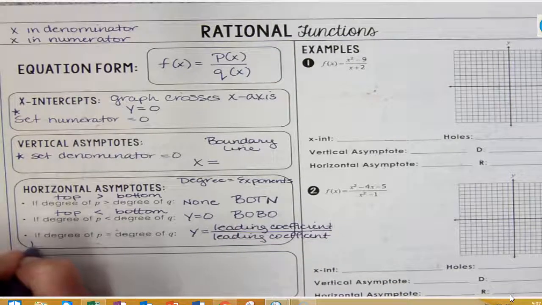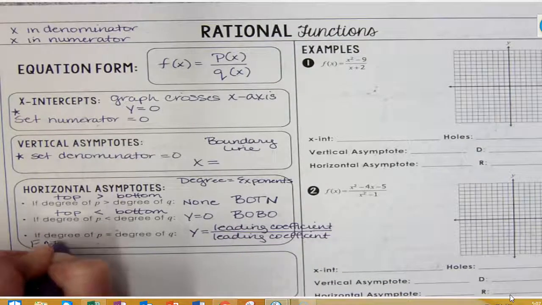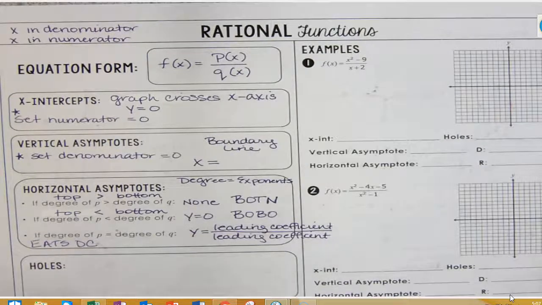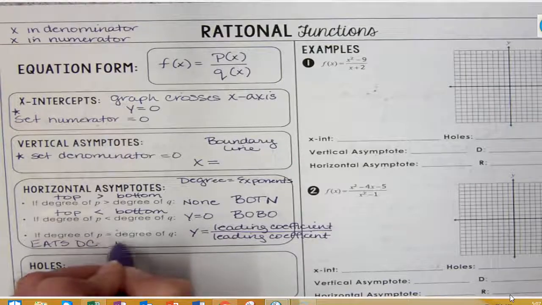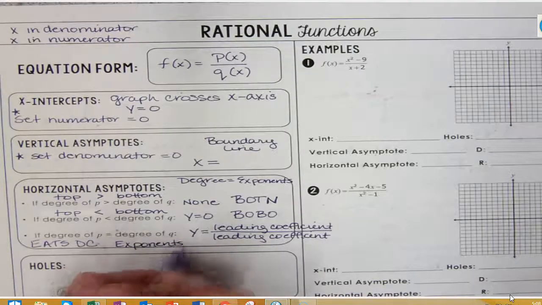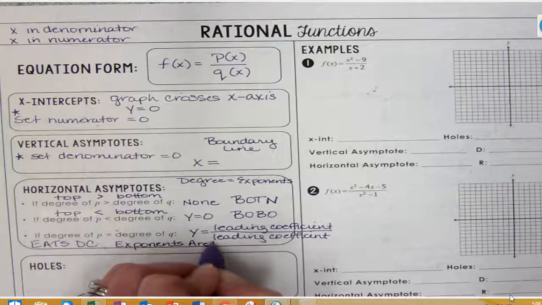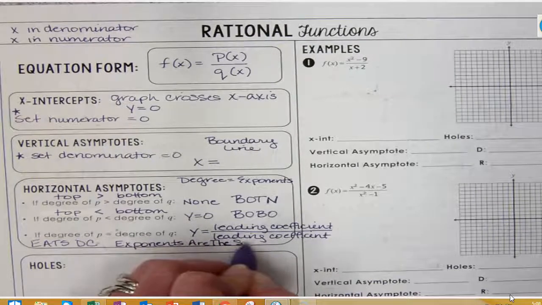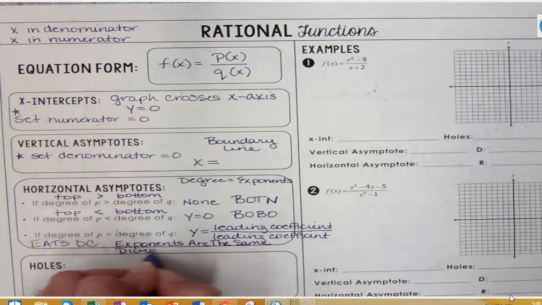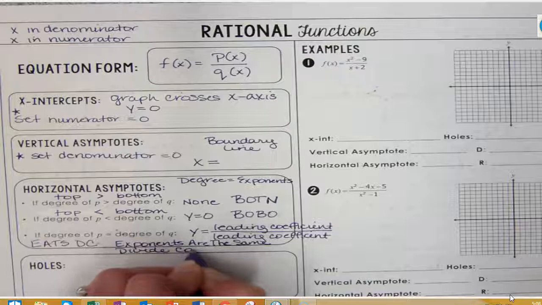It's EATS DC, which stands for exponents are the same, then you divide coefficients.